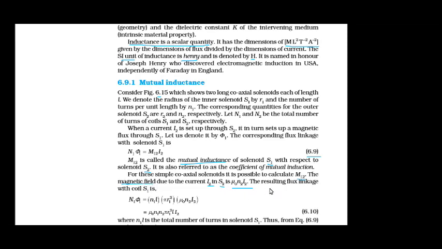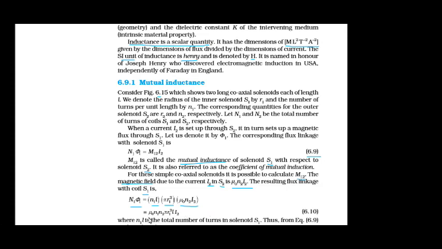The resulting flux linkage with coil S1 is N1 phi 1. Here capital N1 is the number of turns per unit length times the length, and phi 1 is the area, pi r1 square, times the magnetic field, mu naught n2 I2.